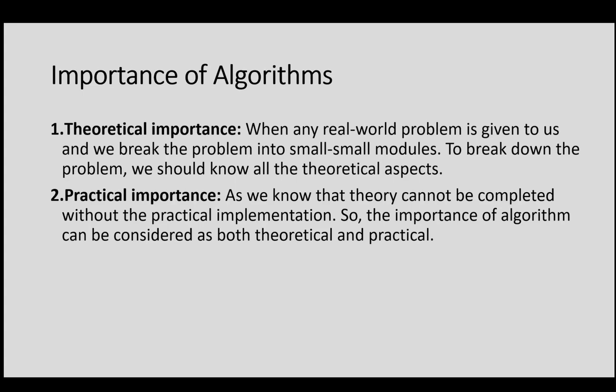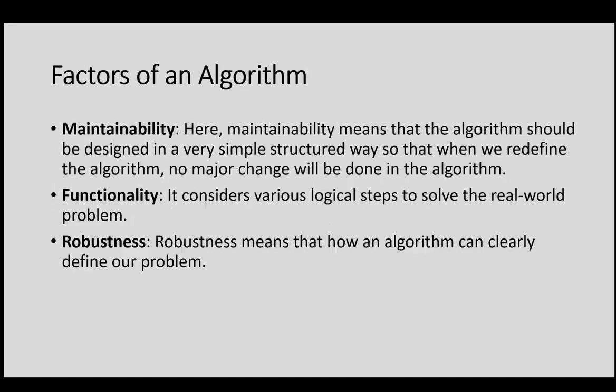That means when I build an algorithm, they told us these are the characteristics, these are the factors you have to think about, and this is the data flow of an algorithm. So these are all the theoretical parts of an algorithm. We need to know all of these before we break the problem into small modules, because we have seen that it needs to be extensible, simple, user friendly, maintainable, and functional.